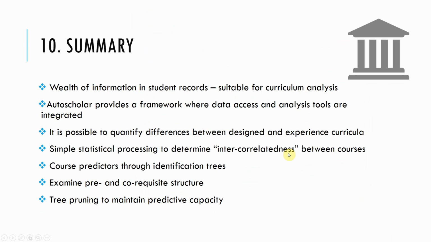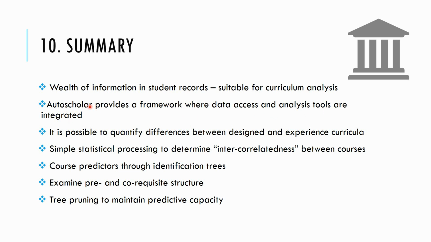So in summary, there is a wealth of information in student records, and it can be used to analyze the curriculum and understand how interrelated the courses are. We have this AutoScholar Advisor, which is a framework where we can combine our analytical tools with data access and develop these kinds of conclusions.